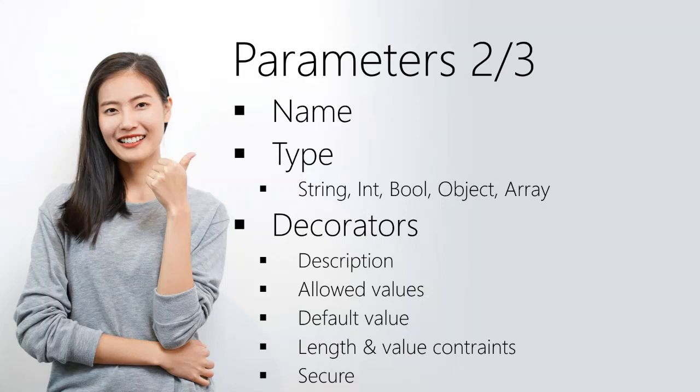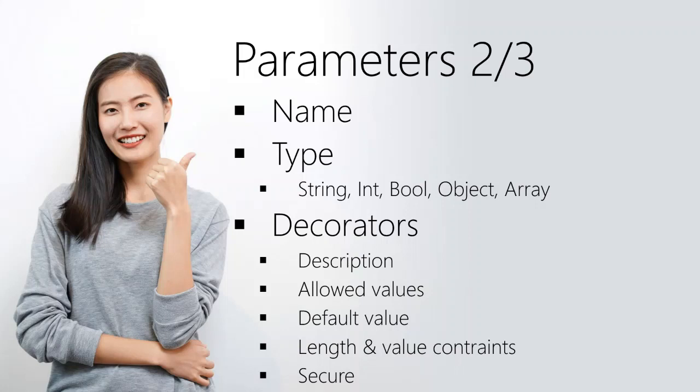So that if you later submit a different value, which would not make any sense to the Azure platform, this would not be accepted. You can have default values, so that when you do not specifically submit a value for a parameter, the default value is used.